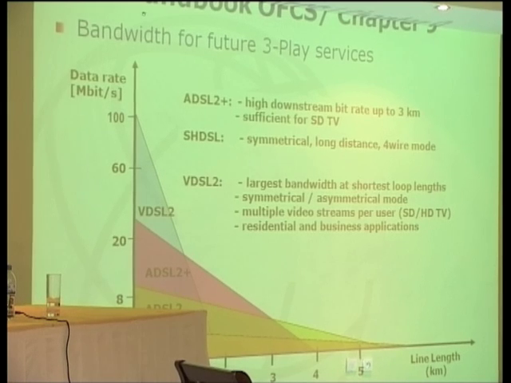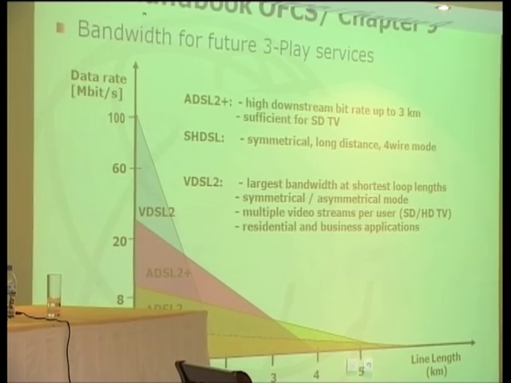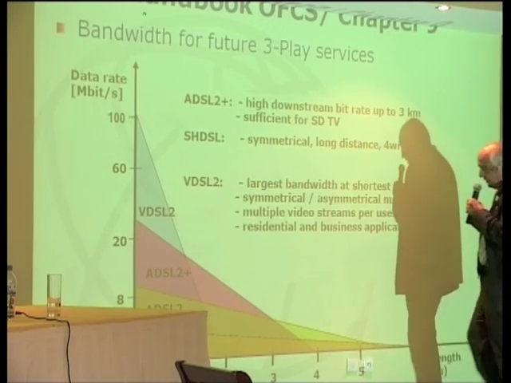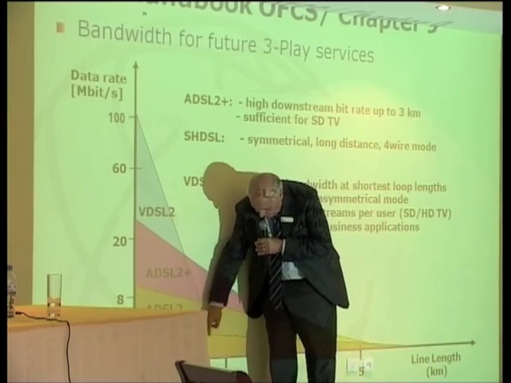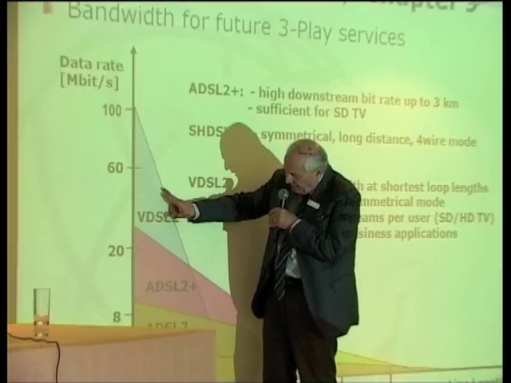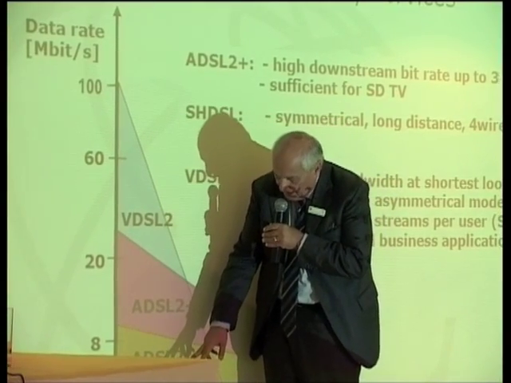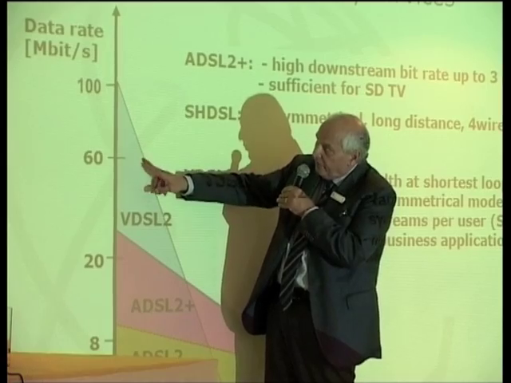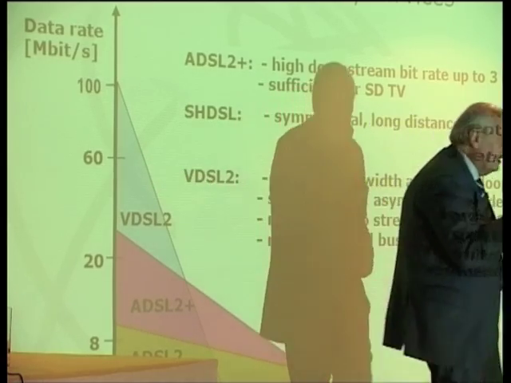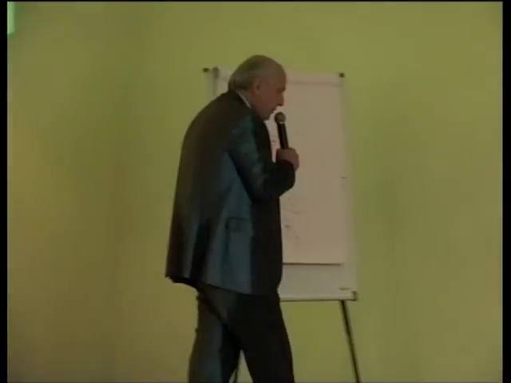This is the data rate that can be achieved by means of the new XDSL technologies. It depends, of course, on the length of the last stretch, and we can see that if we have an optical network unit which is very close, less than 2 kilometers or maybe a few hundred meters from the house of the customer, we can reach data rates as high as several tens of megabit per second.